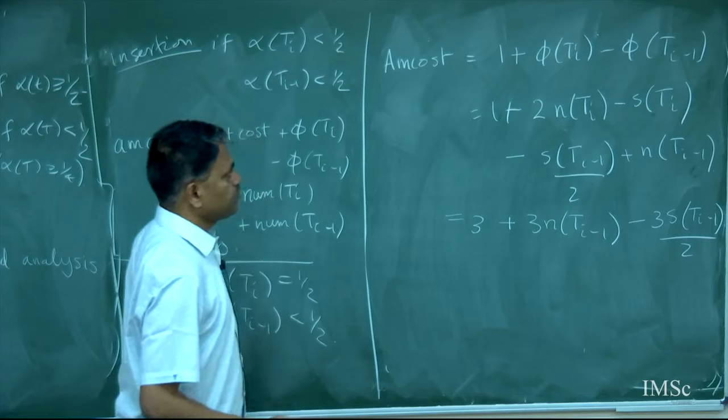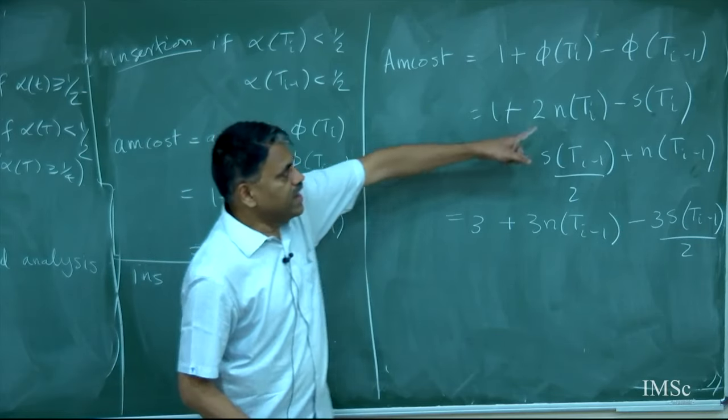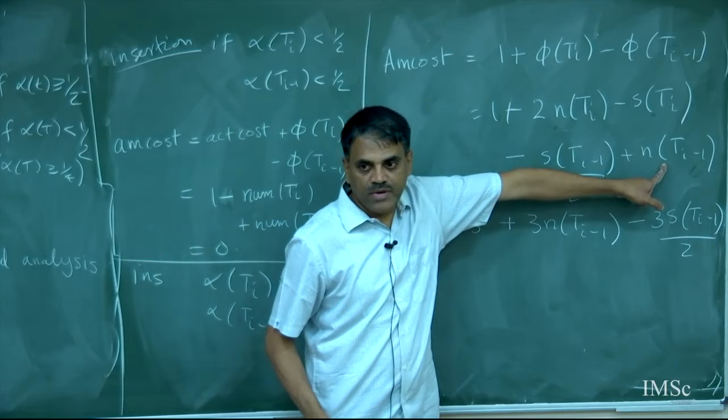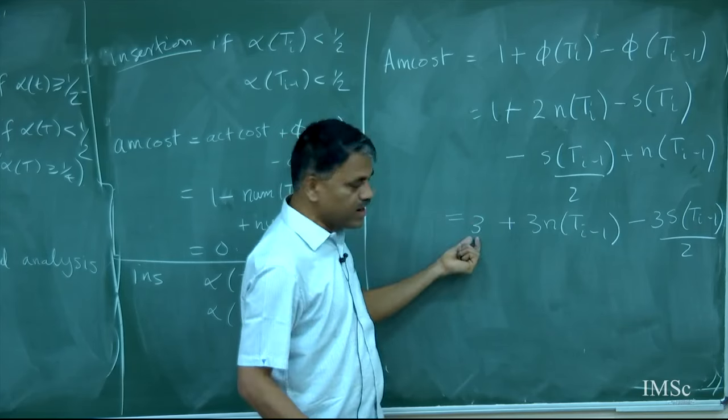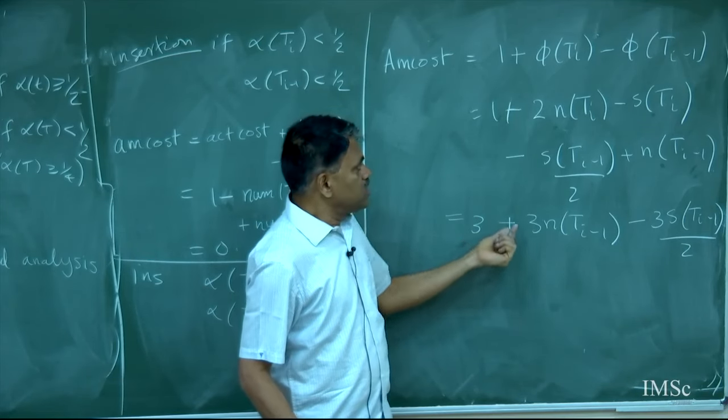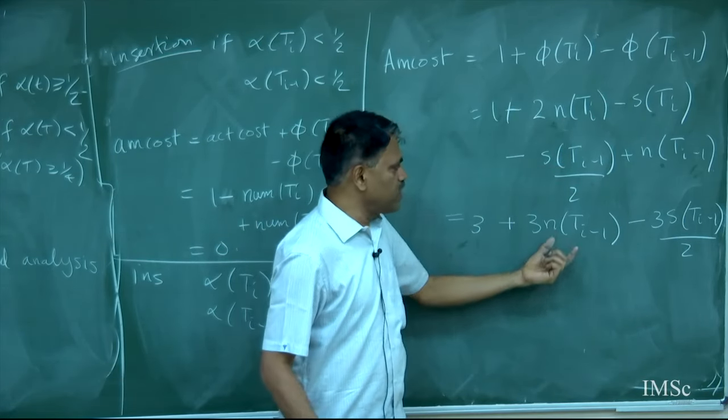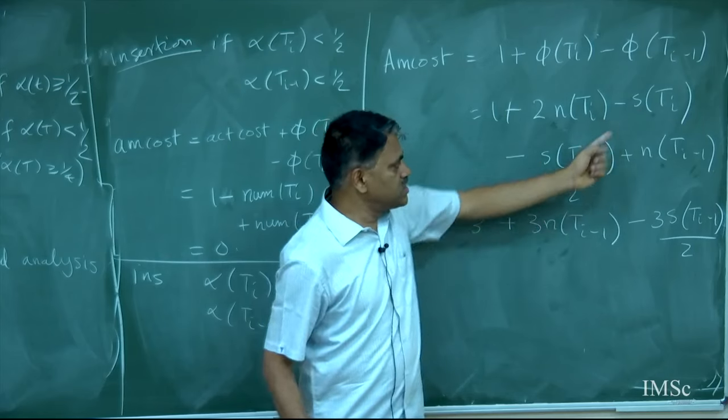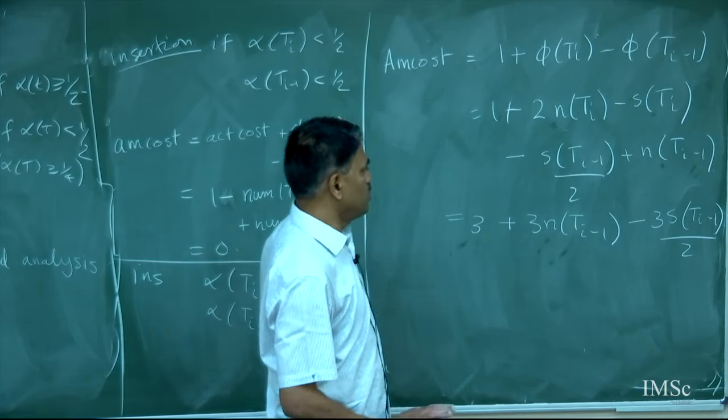You agree? Because n of Ti is 1 more than n of Ti minus 1, so that 1 I took out and added here. So it's n of Ti minus 1, 3 times, and this is s of Ti minus 1 by 2.